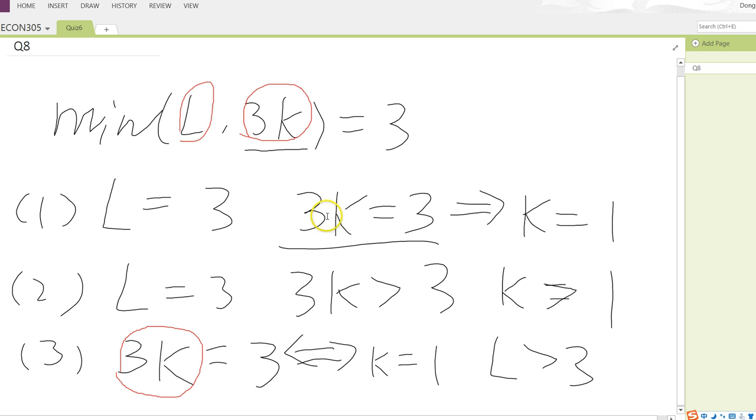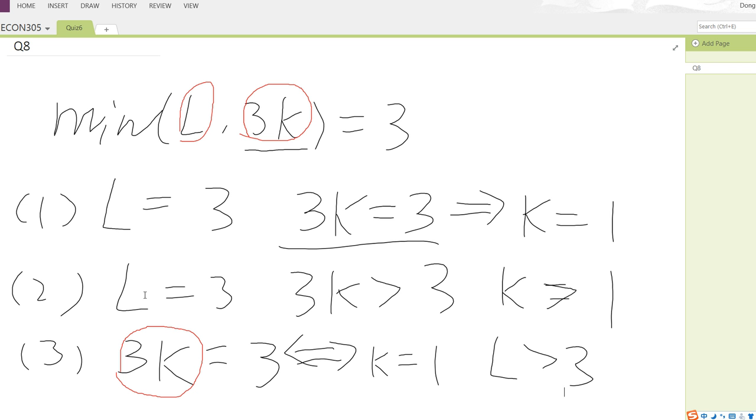Keep in mind, the first scenario is just 1 point on the isoquant: L equals 3 and K equals 1. For the second scenario, we keep L equals 3, and then K is above 1. In this case, it's actually a straight line.